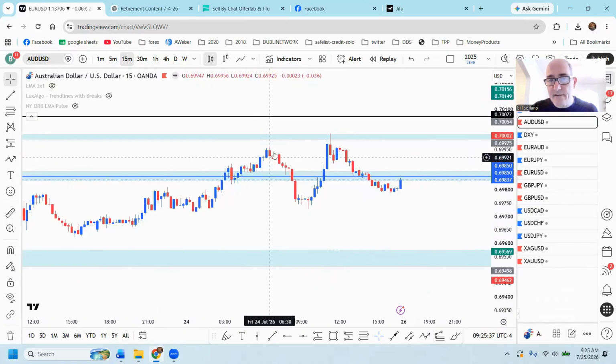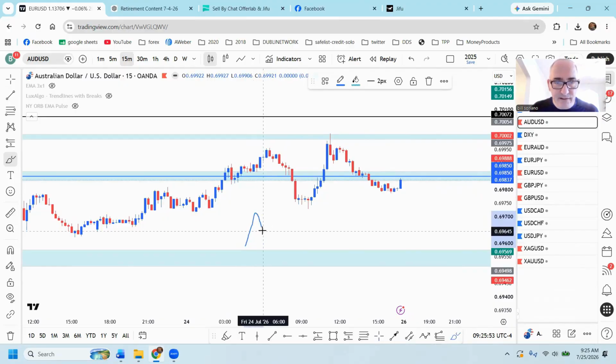For a sell, if we're bearish, we look for an M pattern. You can get a lot of different looks in these M patterns. It's not going to be something perfect like this. But basically we're looking for that M pattern.